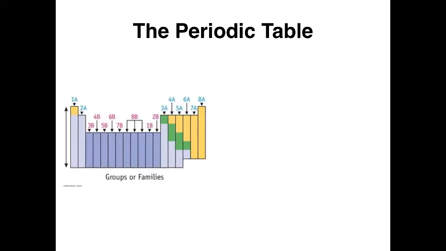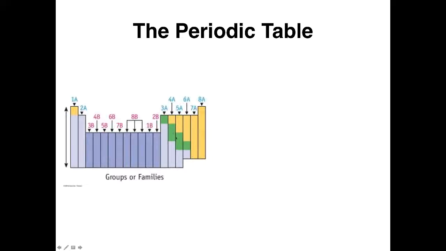You can see over on the left here you have the 1A alkaline metals, the 2A alkaline earth metals, and over on the right you have the 8A noble gases, the 7A halogens, the 6A oxygen group or chalcogens, 5A nitrogen group, the 4A carbon family, and the 3A boron family. Aluminum is in that group.